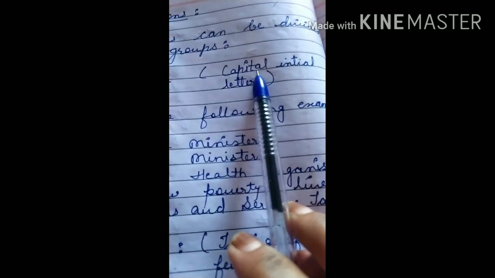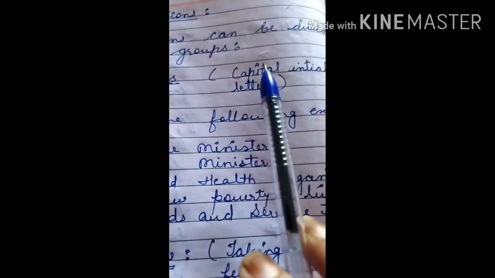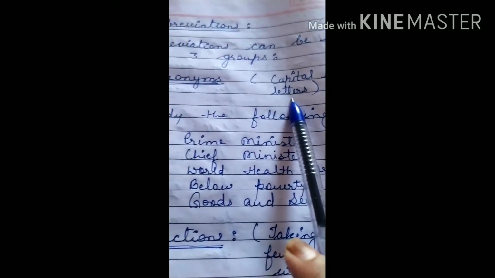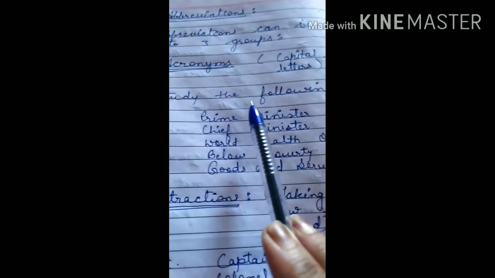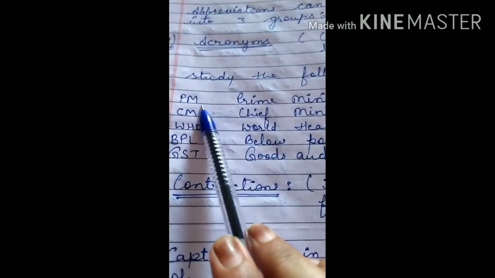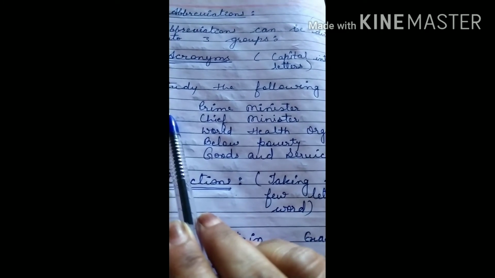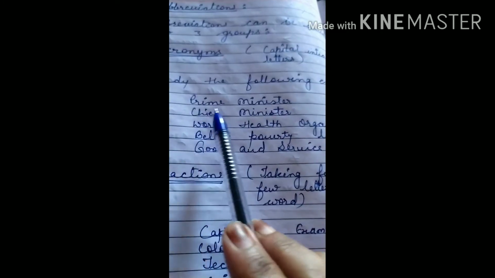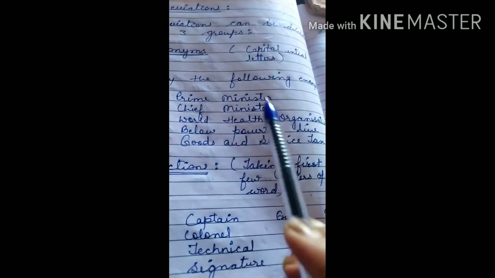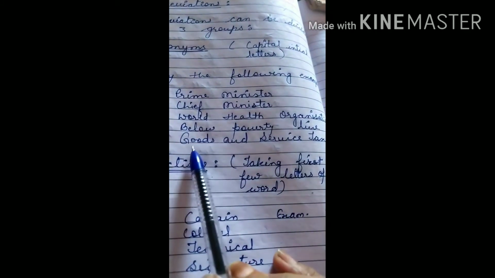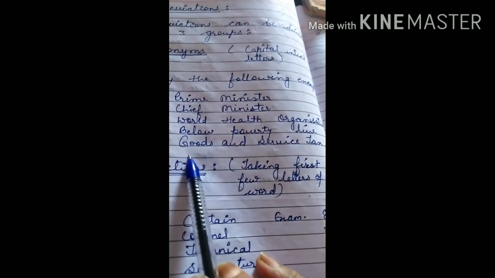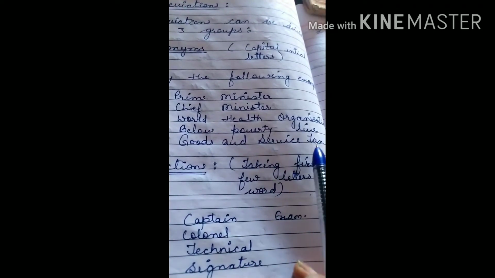Acronym means capital initial letters. First you study the following examples. Likewise, while making notes, if you have to write Prime Minister, Chief Minister, World Health Organization, below poverty line, goods and service tax. So again, there is no need to write all these words.